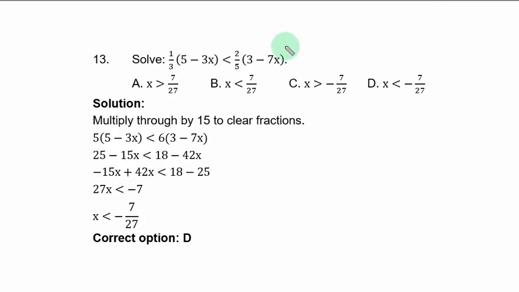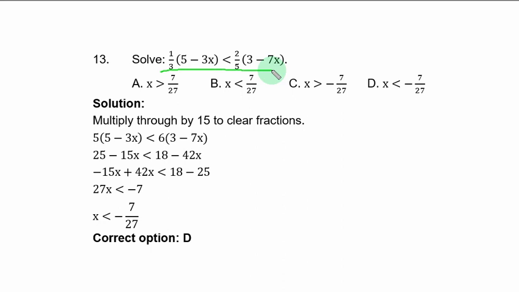Question 13. Solve 1 over 3 times bracket open 5 minus 3s bracket close less than 2 over 5 times bracket open 3 minus 7s bracket close. Solution.